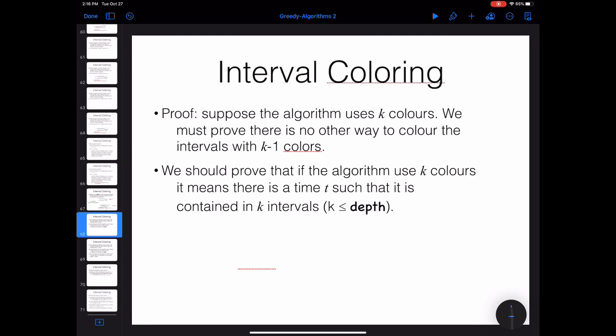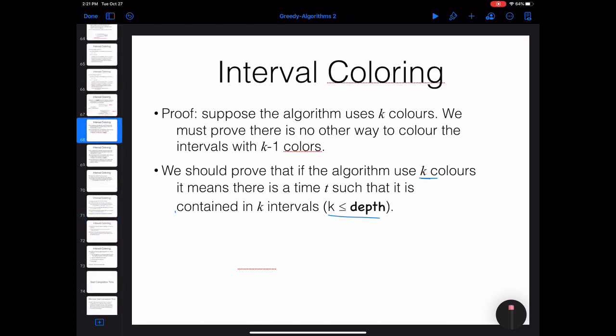If the algorithm gives me k colors, it means there is some time at which exactly k different intervals are all running. This means that the depth is at least k. And if the depth is at least k, you cannot find an answer less than depth, right? So it is not possible to find anything less than k. Whatever the greedy algorithm gives me is the optimal answer.